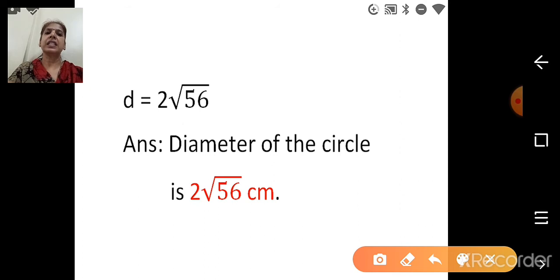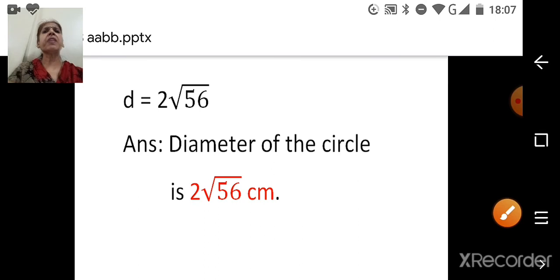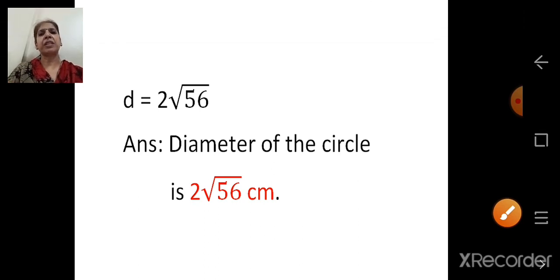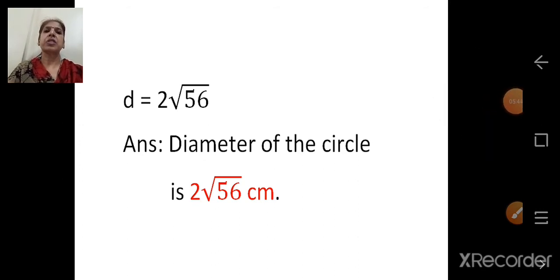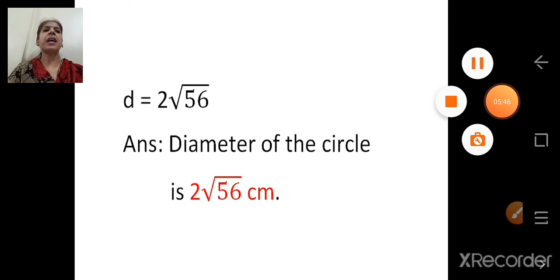So our answer, diameter of the circle is 2 root 56 centimeter. So what did we do here? We have to find the diameter. Area is given. So we use the formula, substitute it, get the radius and multiply by 2.